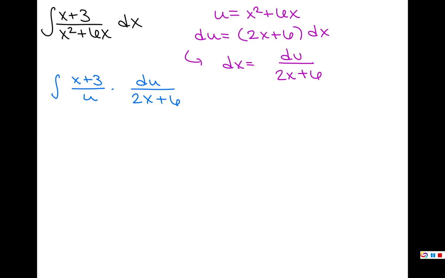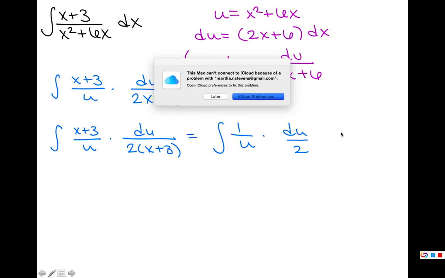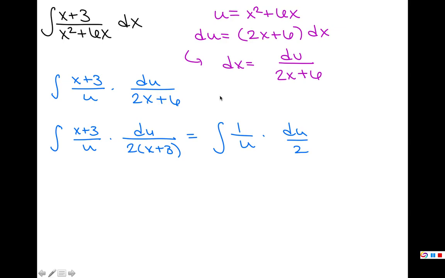What do I mean by that? Well, we could factor a 2 out of the 2x plus 6. It becomes 2 times x plus 3. And now we can cancel those x plus 3's, and we're left with 1 over u, du over 2.